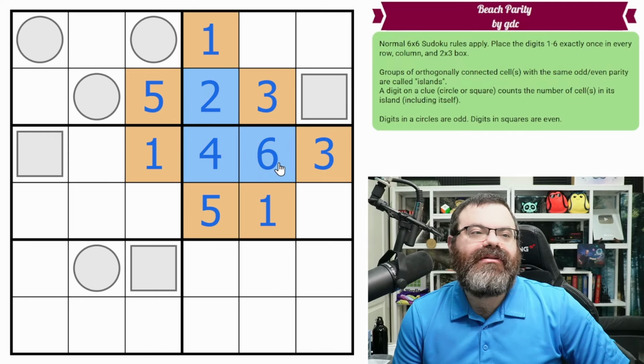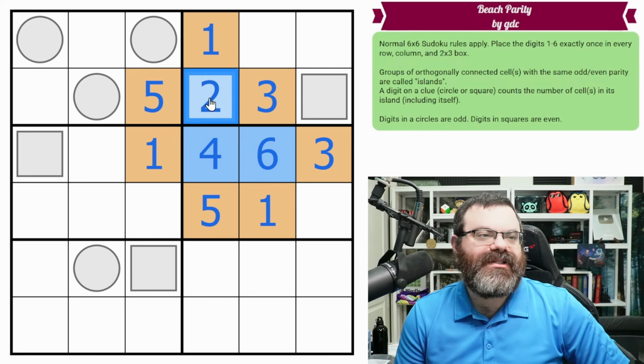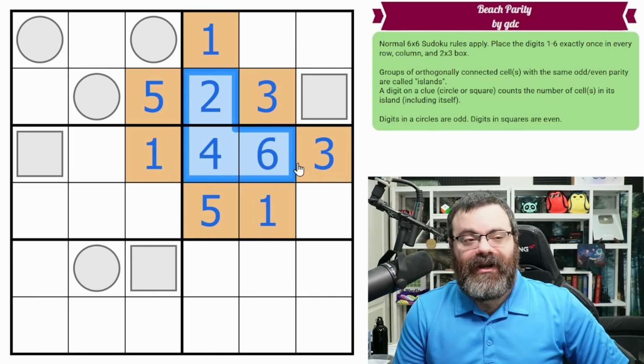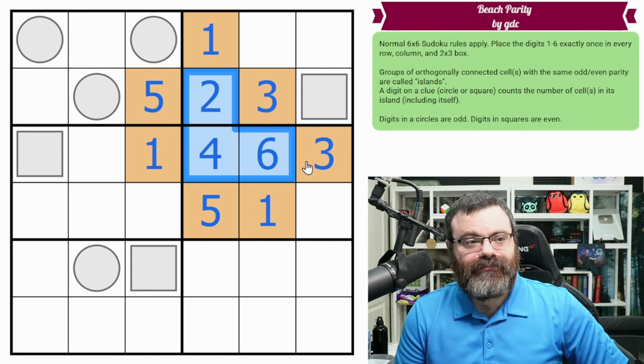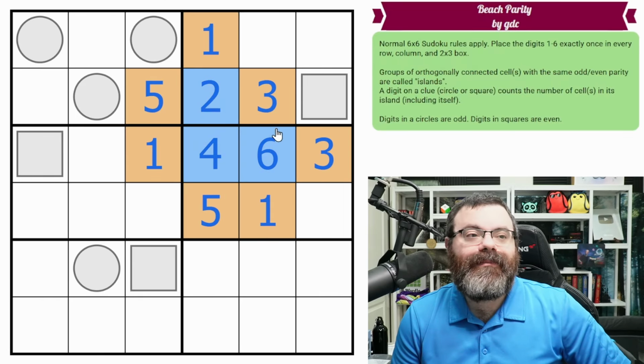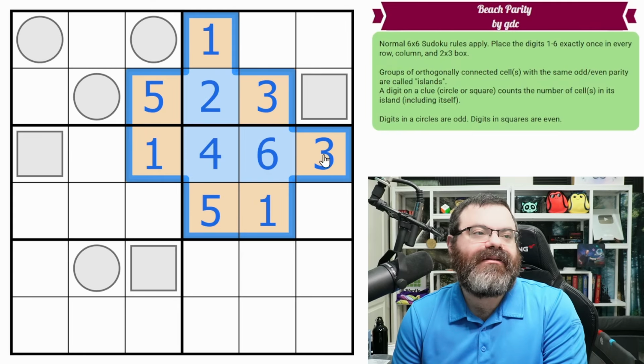A digit on a clue in a square or a circle counts the number of cells in its island, including itself. So if this were, for example, a square, then that would mean there are 2 cells in the island. And right now we have 3 cells in the island. So this particular case wouldn't work, but there isn't a square there anyway. I don't know that I'm going to give a specific example there, but hopefully that's clear.